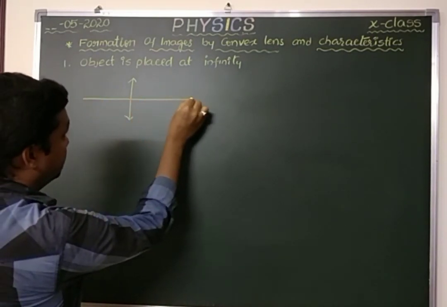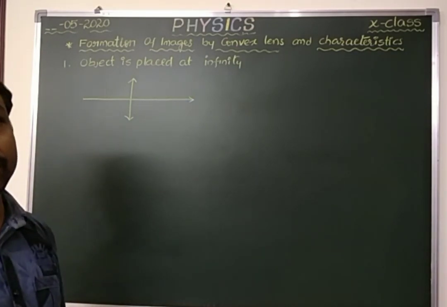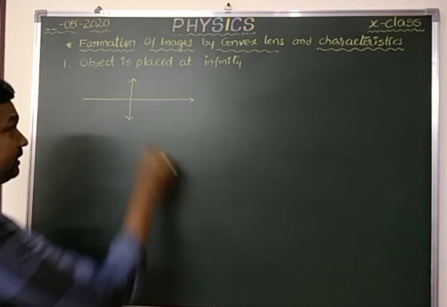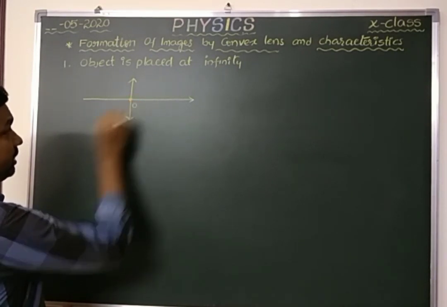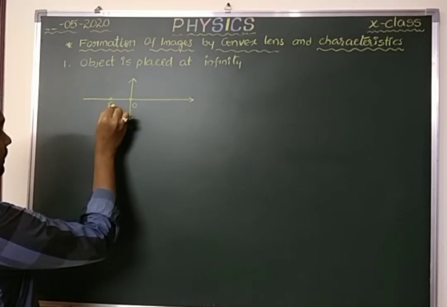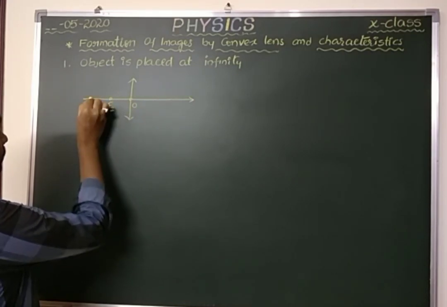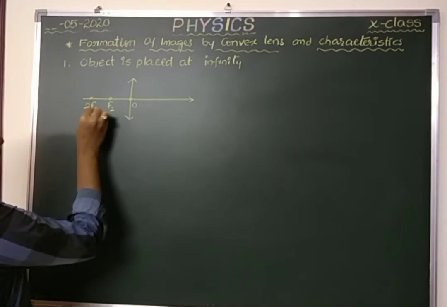a principal axis, an imaginary line which is passing through the optic center and centers of curvature. This is the point we call the optic center, focus F2 and center of curvature 2F2.